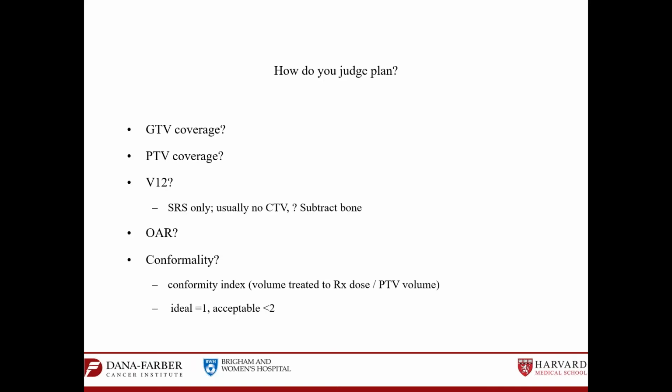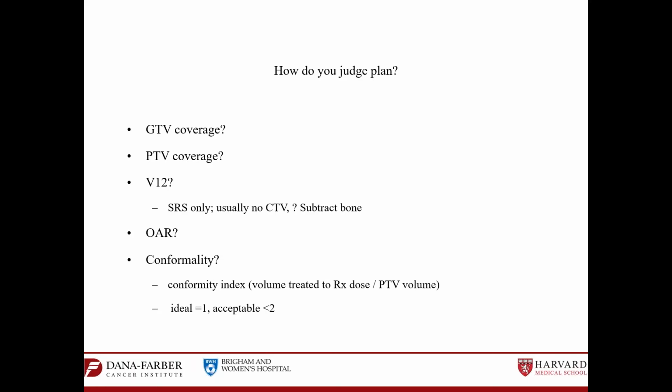You will look at the volume of the normal brain tissue that received this 12 gray. So you will subtract your GTV from that, and if there is any bony component, you will subtract that. So you're looking at the normal brain tissue volume that received this 12 gray. You're good if that volume is less than 10 cc for the radiation necrosis probability.